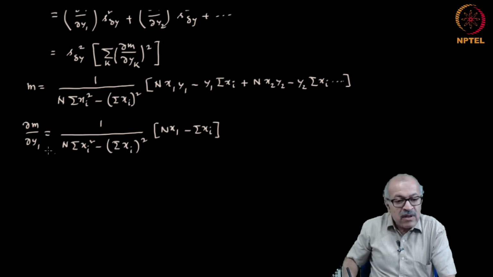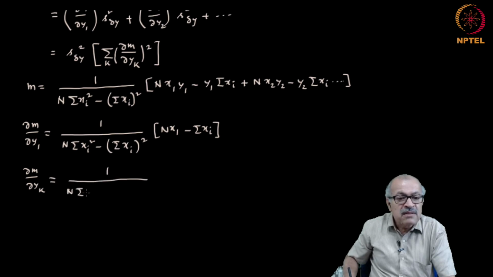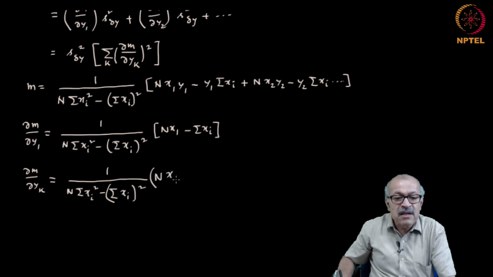Similarly for y2 it will have similar terms, only with 2 here. Similarly for yk it will be k here. In general we can write delta m by delta y, the kth term: the denominator remains the same, n sum over xi square minus sum xi whole square, and here it will be n x sub k minus sum xi.